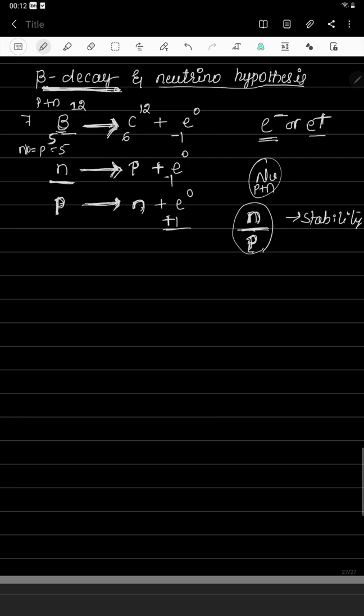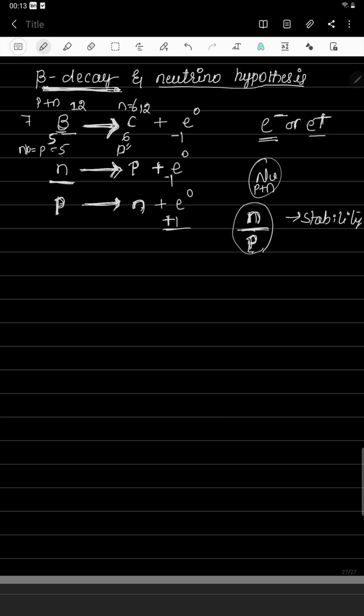This boron converts into carbon, where the number of protons is 6 and the number of neutrons is also 6, because 12 indicates protons plus neutrons, and with 6 protons already, the number of neutrons in C-12 is 6. So in carbon, the number of protons equals the number of neutrons, but in boron, the number of protons is not equal to the number of neutrons.